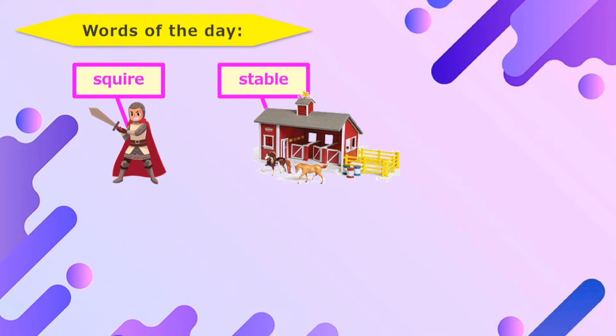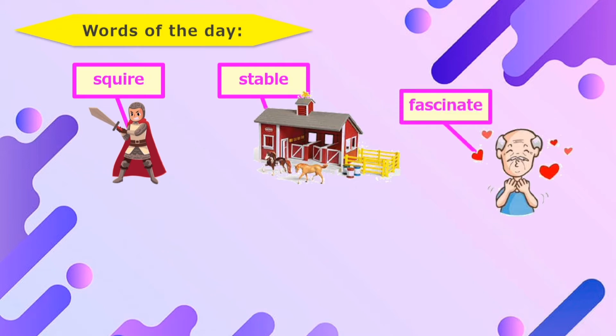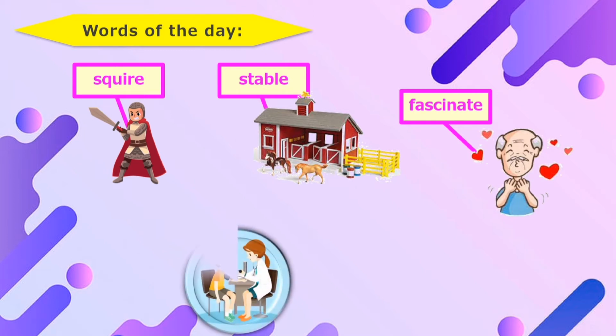Everybody say stable. Then you see a grandfather here, with all the hearts around him. This is for the word fascinate. Everybody say fascinate. Then we have the next picture. I think you see a doctor over here. This is the doctor giving some treatment.